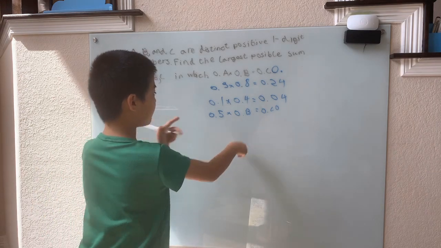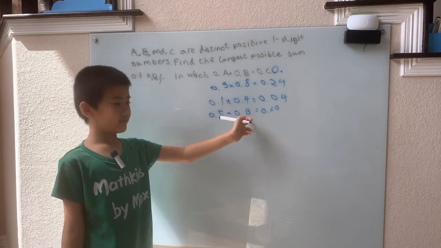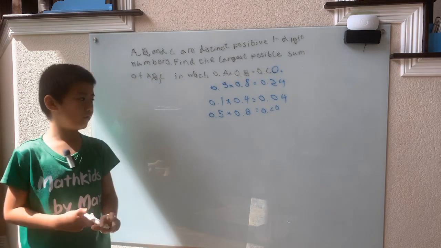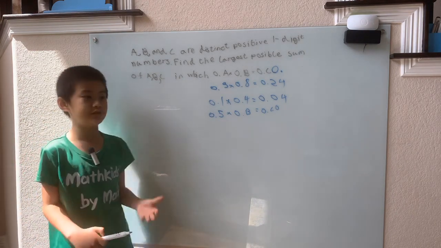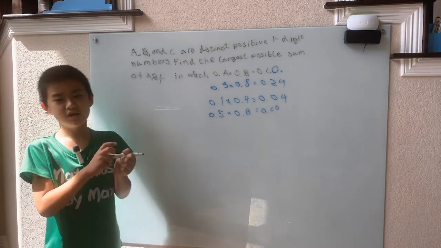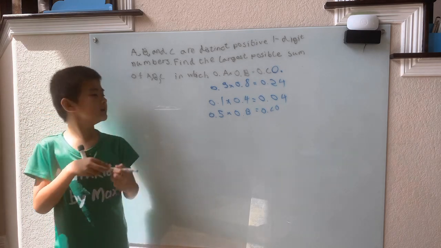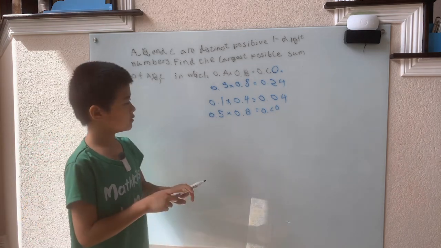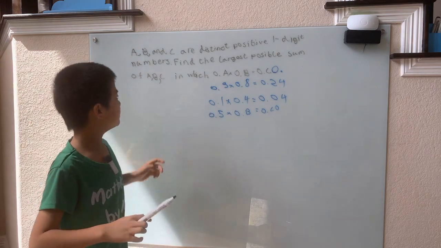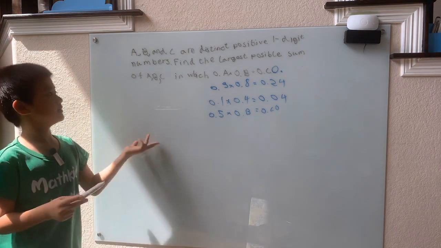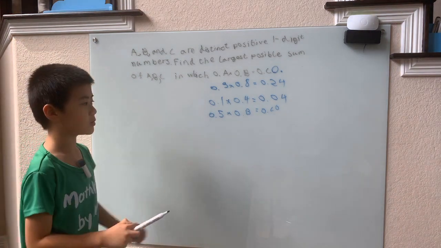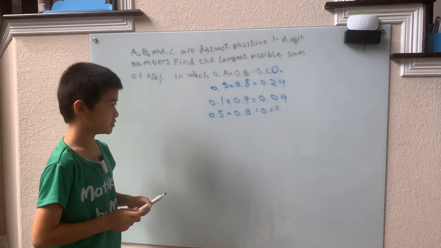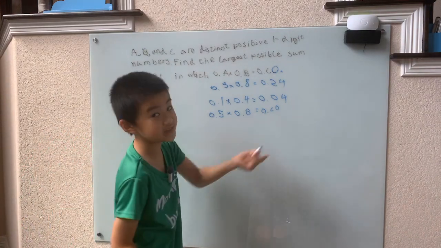And now we see to let B be such that 5 times B ends in 0. Well, 5 times any even number ends in 0. 5 times every odd number ends in 5, and 5 is not 0. Of course, what we want is A plus B plus C to be as large as possible. We want B to be as large as possible. That means C is as large as possible.